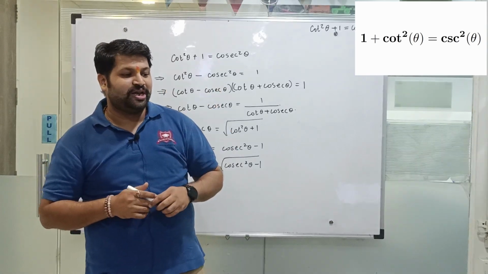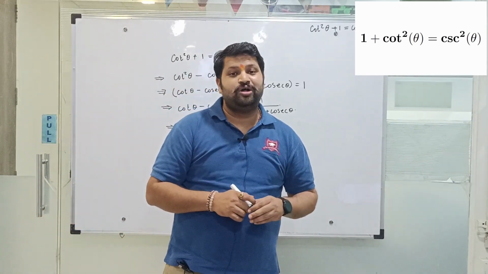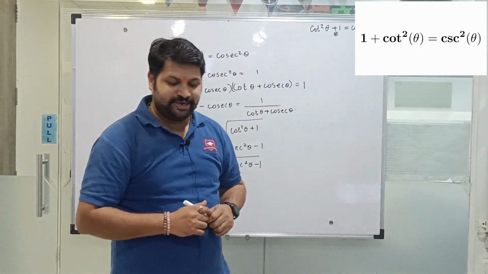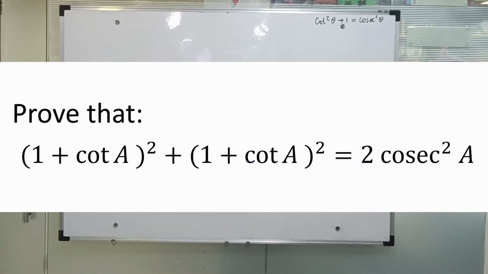Now, without losing any time, let us go ahead and solve some examples which are based on this particular identity. The first example that we are going to do is example number 2, sub question 2 from Selina Concise book for 10th ICSE.